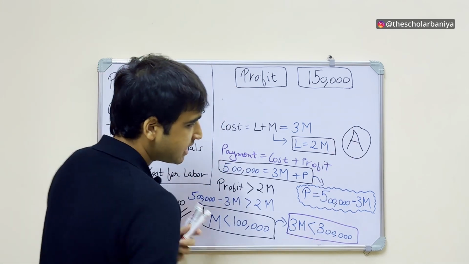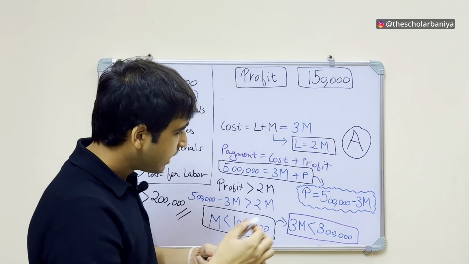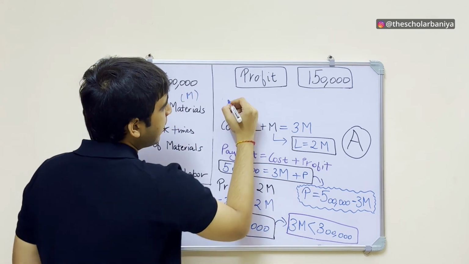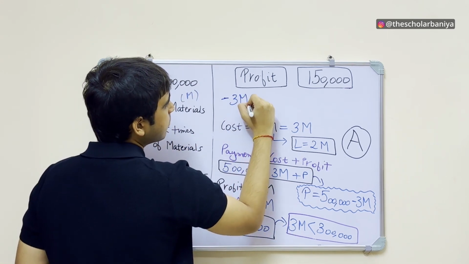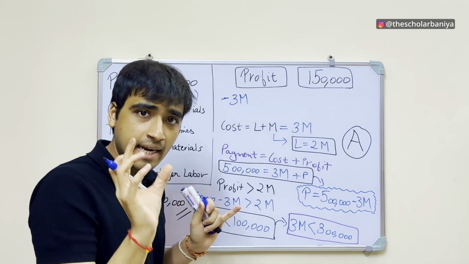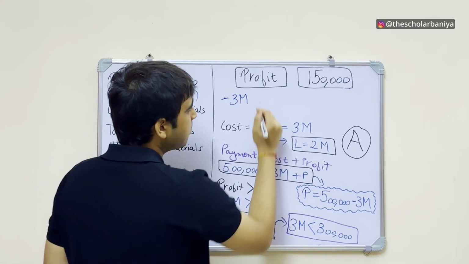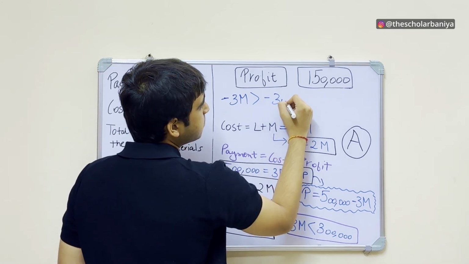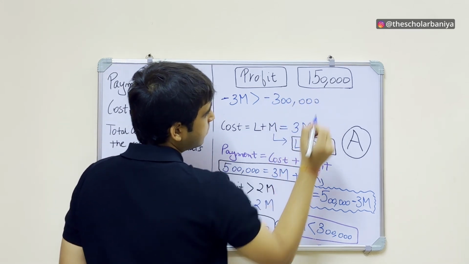We know 3M is less than 300,000, right? So let's multiply by minus on both sides. So this will become minus 3M, right? If we multiply a negative sign in an inequality, the sign gets reversed. So this will become greater than minus 300,000, right?